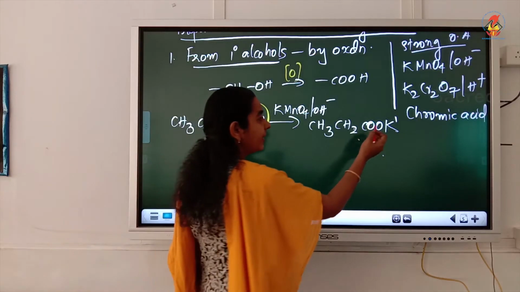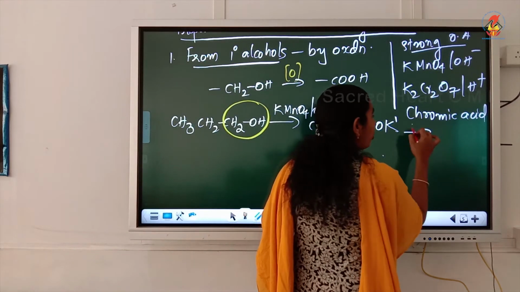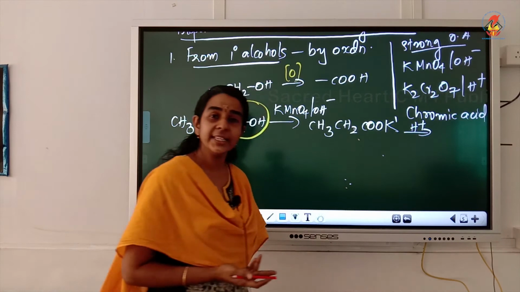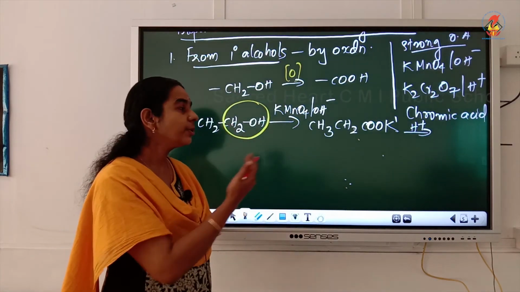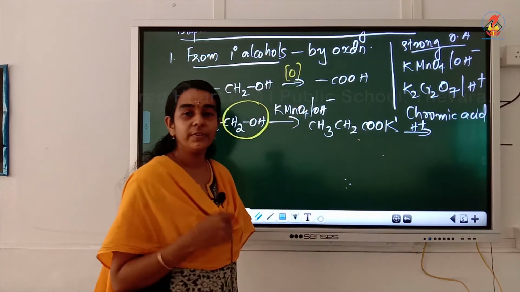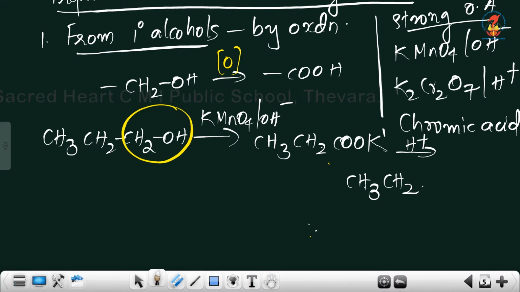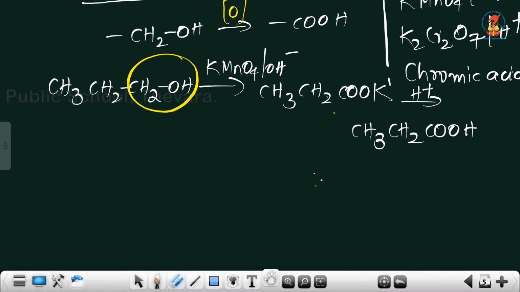So first we will be getting the potassium salt of carboxylic acid, which on acidification, any acid we can use, but we need to write only H plus above the arrow, this potassium salt will be converted to carboxylic acid. So the answer will be CH3CH2COOH.